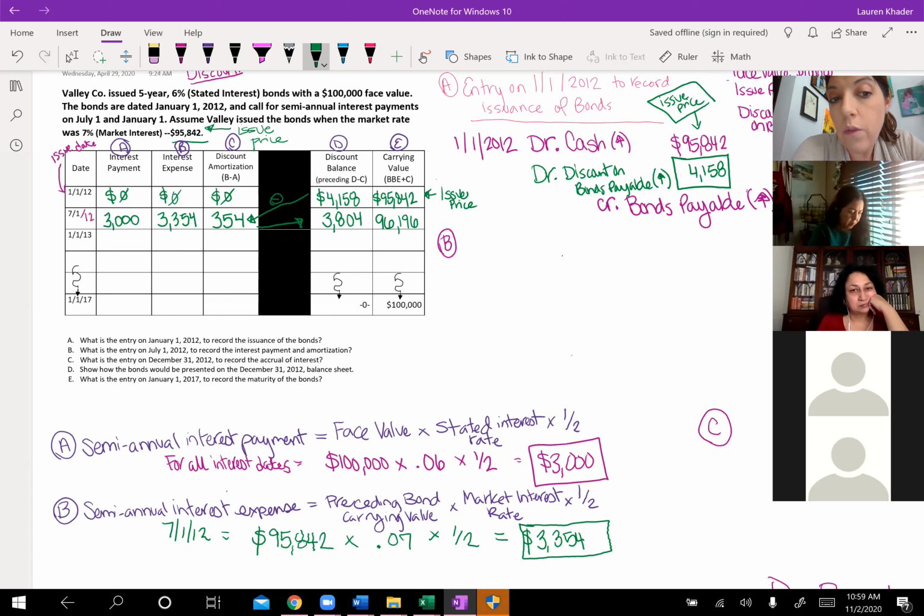So 4,158 minus the 354. Okay, thank you. For part B, it's asking you what is the entry on July 1st, 2012 to record the interest payment and amortization.